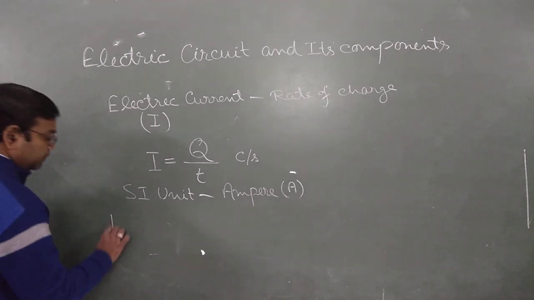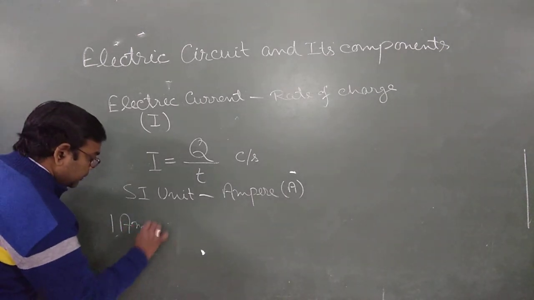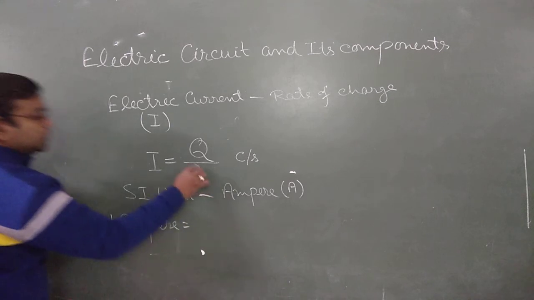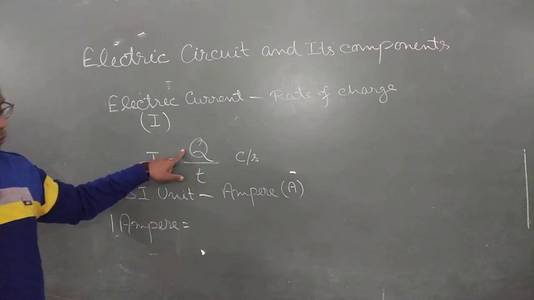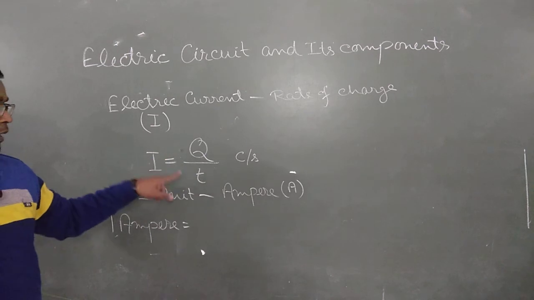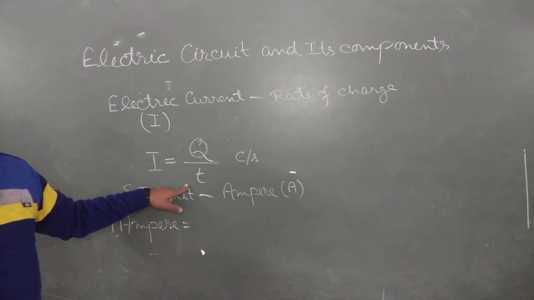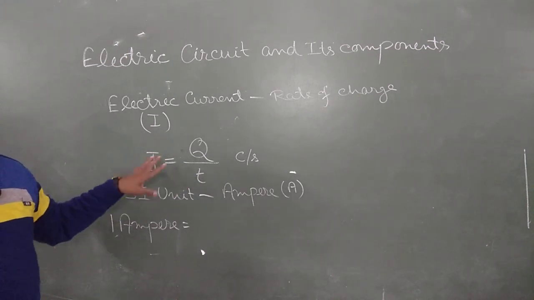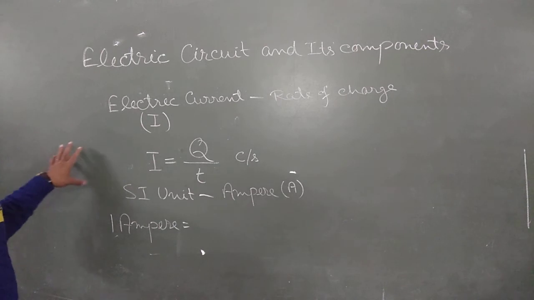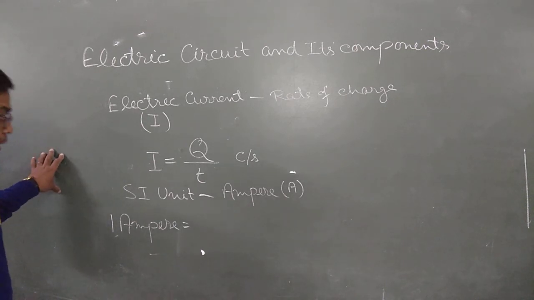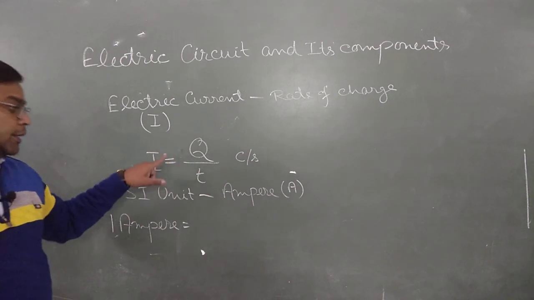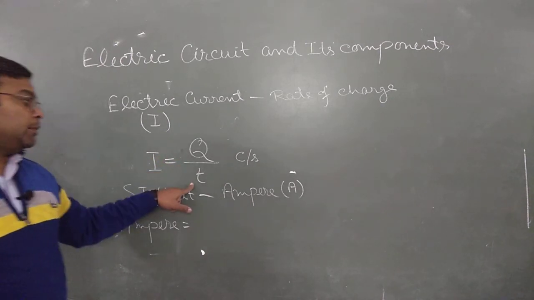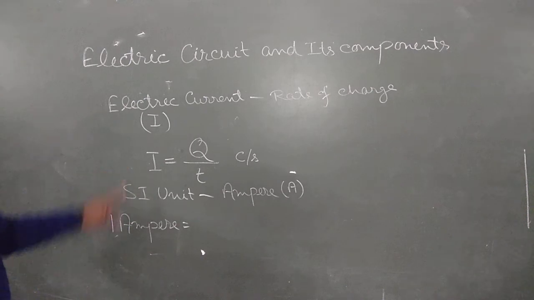Always remember, in case of 1 ampere, if 1 coulomb of charge flows through an electric circuit in 1 second, the current flowing through the circuit is known as 1 ampere.